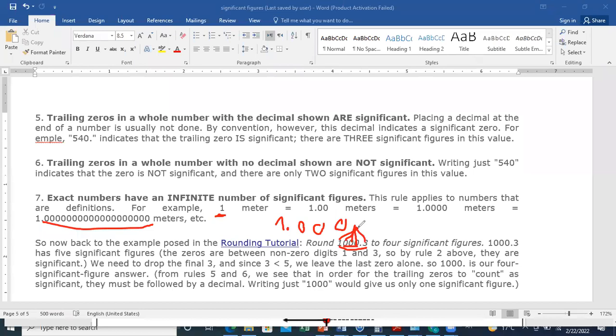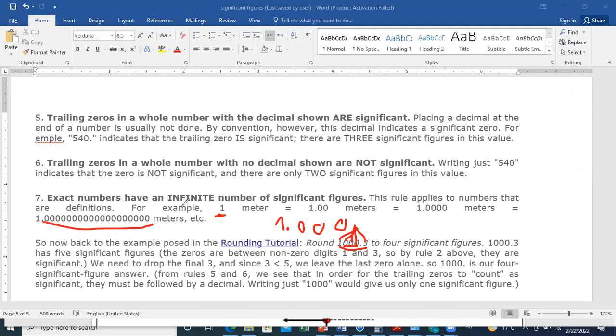Okay, now we can play with the way of presenting the number to change the number of significant figures. For example, we know that 1000.3 has 5 significant figures, and the 0s between 1 and 3 will be counted as significant figures.